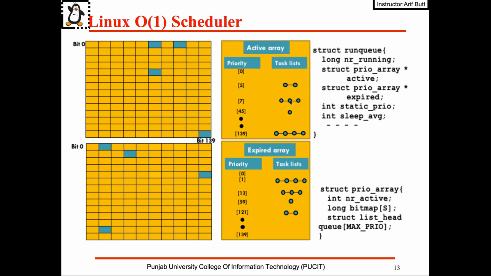And if its dynamic priority is lowered, it moves to maybe queue number 12 or 13 or 14 in the expired array. And once both the arrays are swapped, the processes in the expired array are given their new time quantum and they start executing.